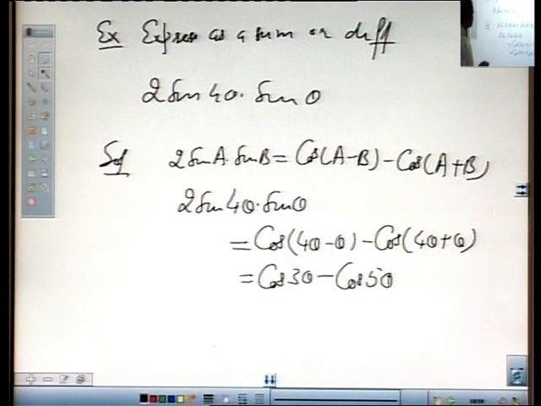And next is a question related to these formulas.